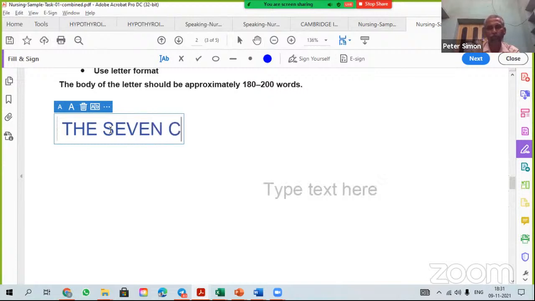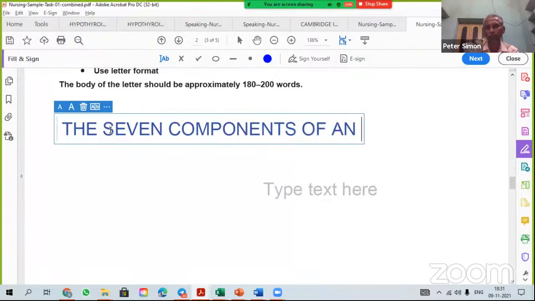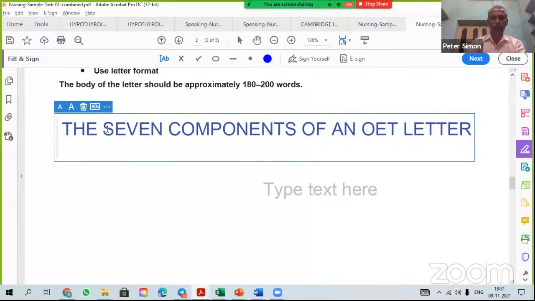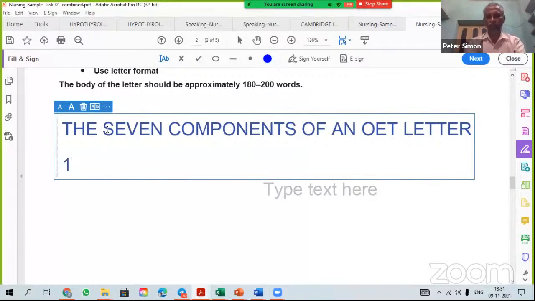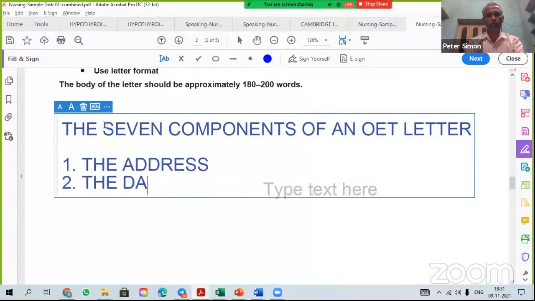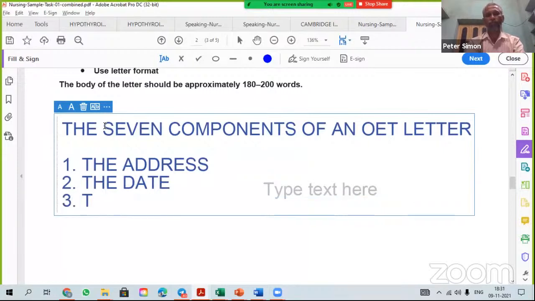The 7 components of an OET letter. So write down one by one. Number 1 is the address. Number 2 is the date. Number 3 is the salutation.